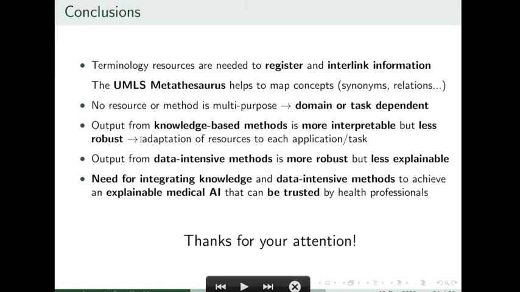So we need to adapt resources, rules, corpora to each application or task. On the other hand, the output from data-intensive methods is more robust but less explainable. We need to integrate knowledge and data-intensive methods to achieve an explainable medical artificial intelligence that can be trusted by health professionals.